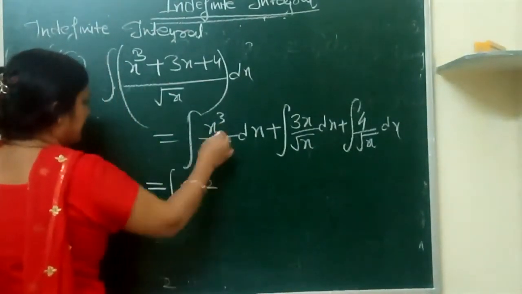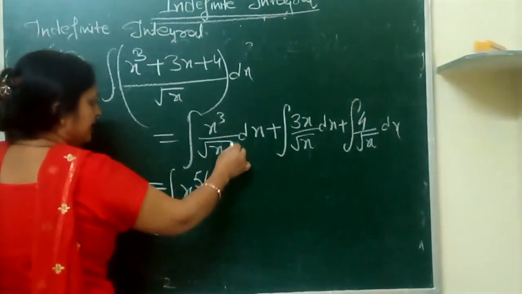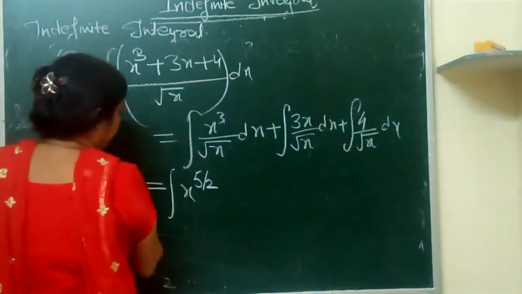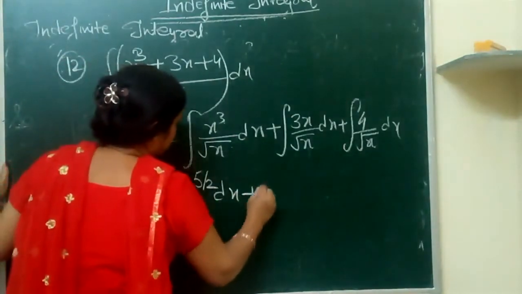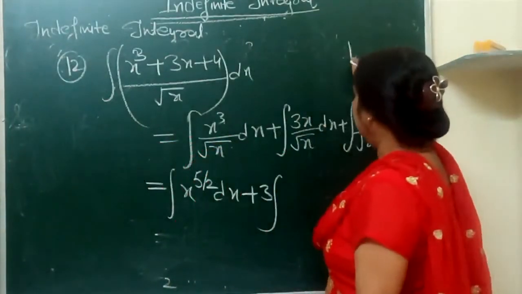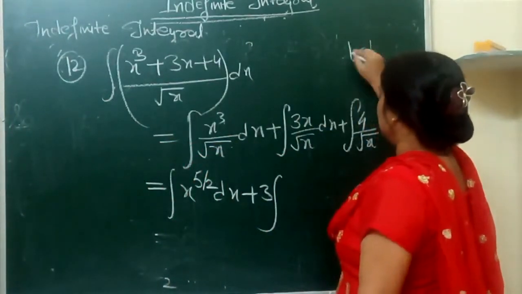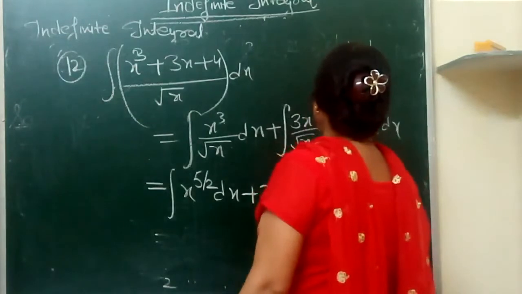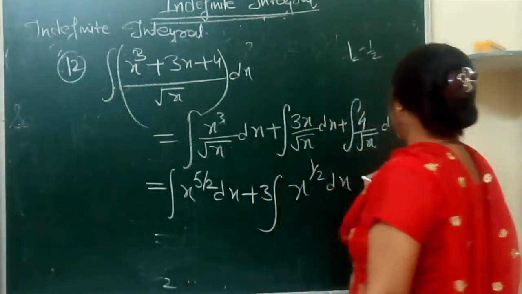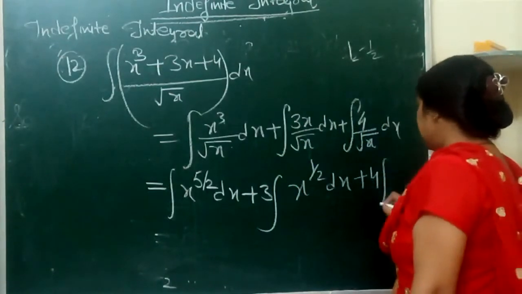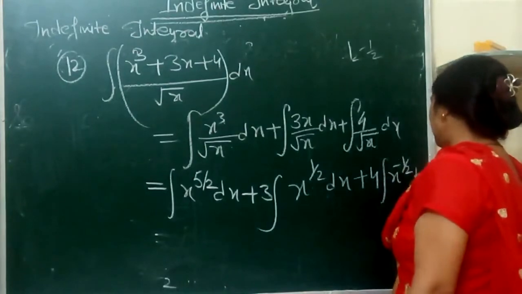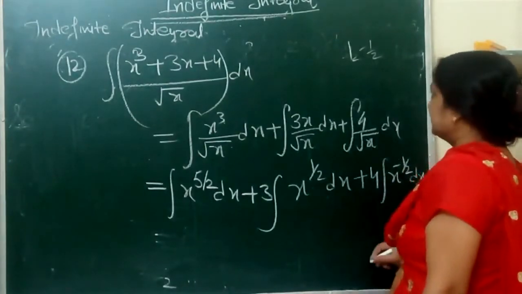Because this term is half and it goes in the numerator, so it will come x raised to power 5 by 2 dx, plus 3 into x raised to power half dx, since here 1 and here minus half, and plus 4, with root x outside, so we can write this as x raised to power minus 1 by 2 dx.